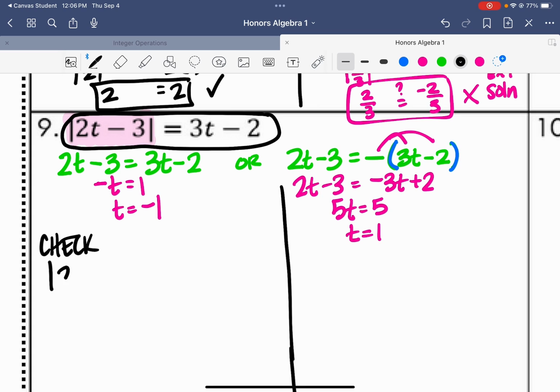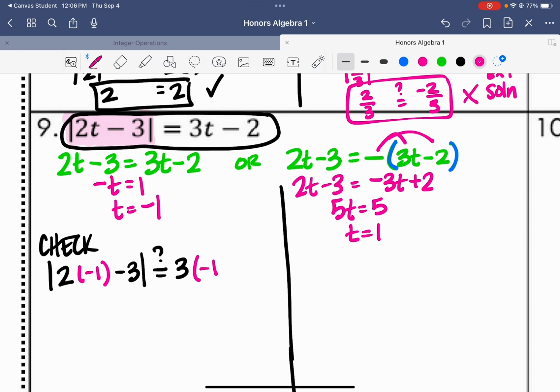So the absolute value of 2 times negative 1 minus 3, is that equal to 3 times negative 1 minus 2? All right, so 3 times negative 1 is negative 3. Negative 3 minus 2 is negative 5.